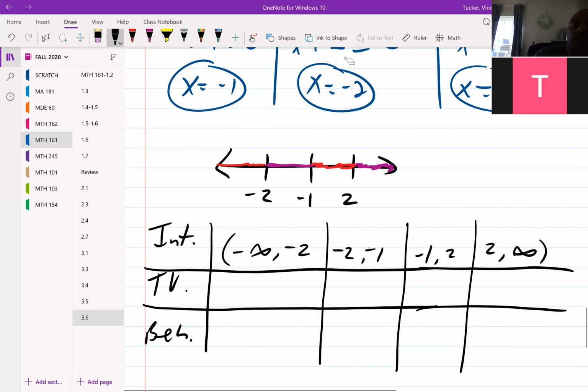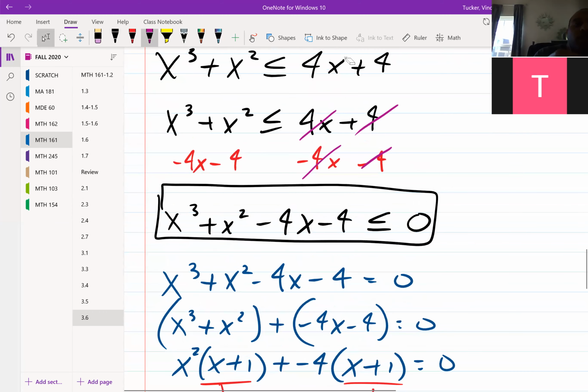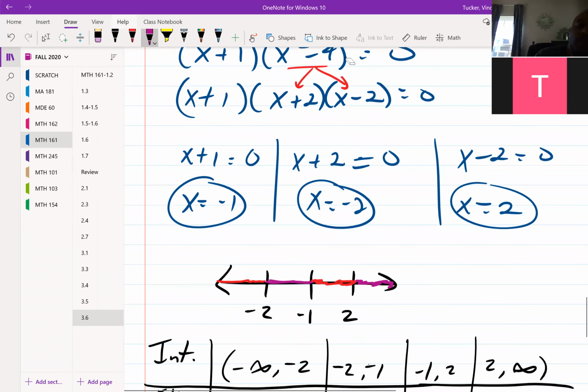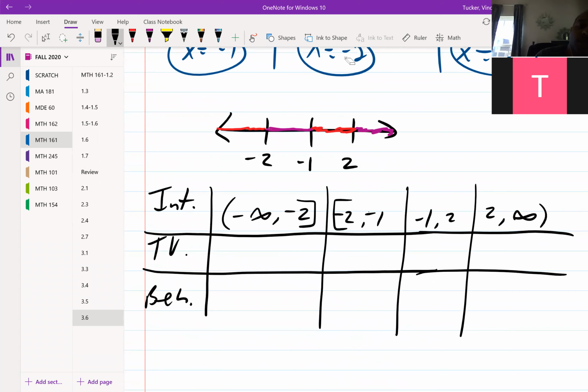Go back to what our sign was, and we're looking at brackets because of the or equal to sign. So my -2, -1, and +2 should have brackets. That means, don't forget, you can include that value, whereas parentheses mean you will exclude that value.